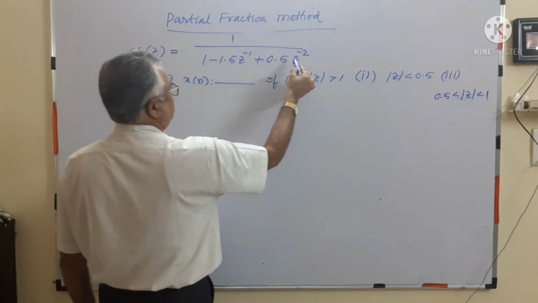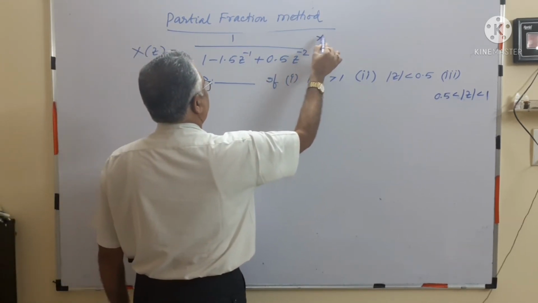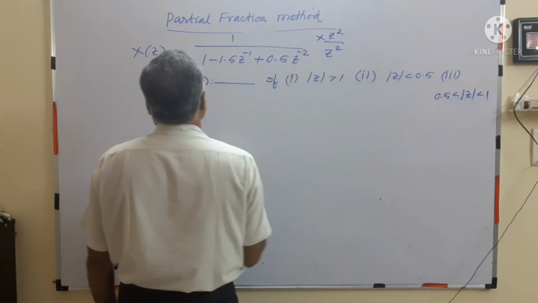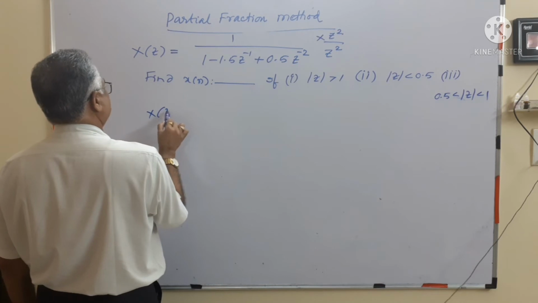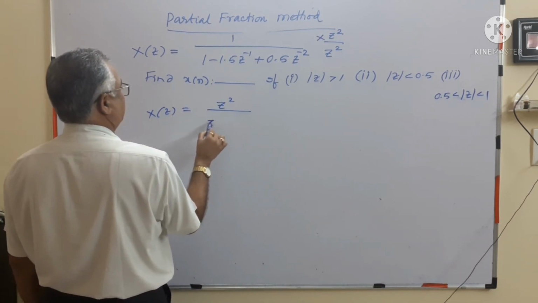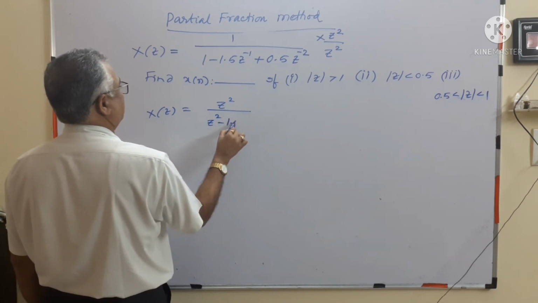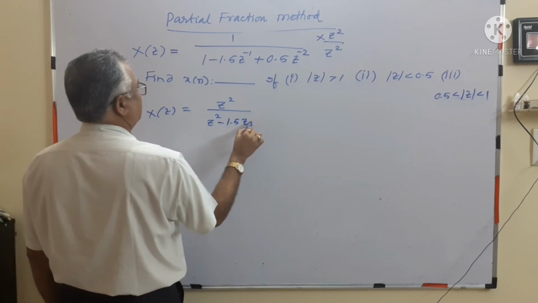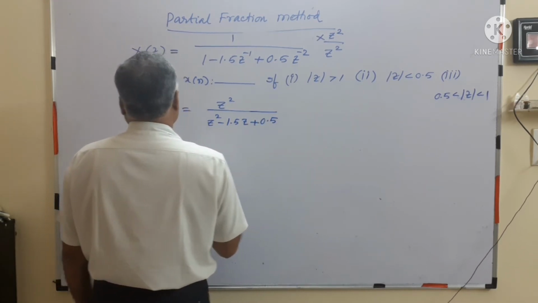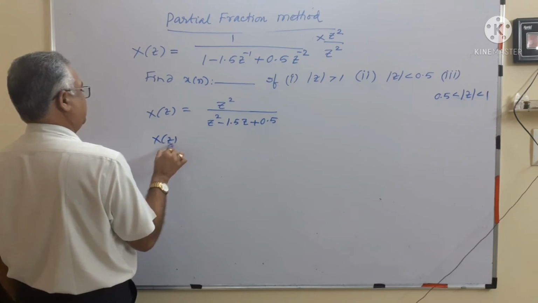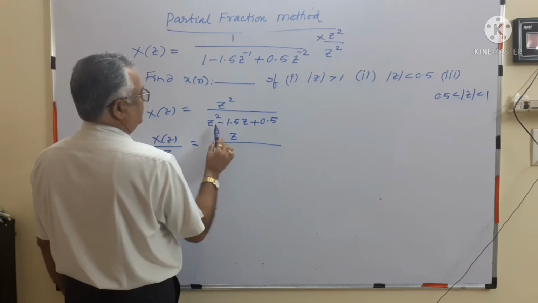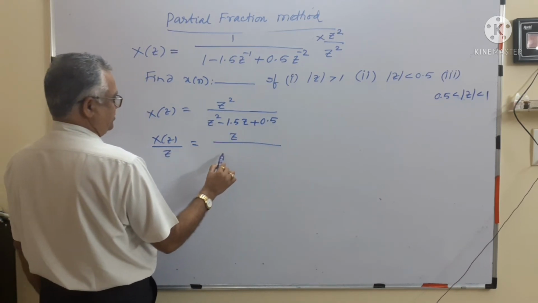Again here z power minus 2, so multiply with z power 2, divide with z power 2. Therefore X of z equal to z square by z square minus 1.5 z plus 0.5. Now X of z by z is z by, the second order can be factorized.